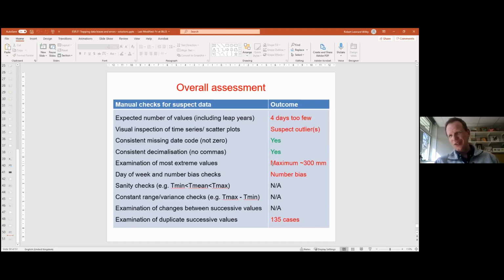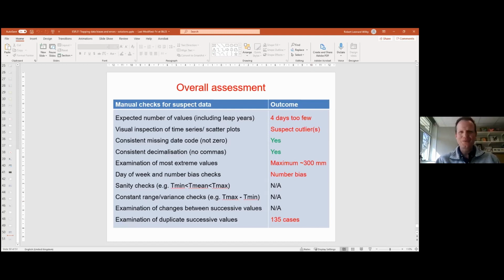I don't think any of us really trust that 300 millimeter rainfall value, so that would warrant some further investigation. There is some day of week number bias, perhaps in the frequency of rain days. We didn't really look at the temperature data very much for this exercise, but there are 135 duplicate values in the record. So based on that, what would your overall assessment be?